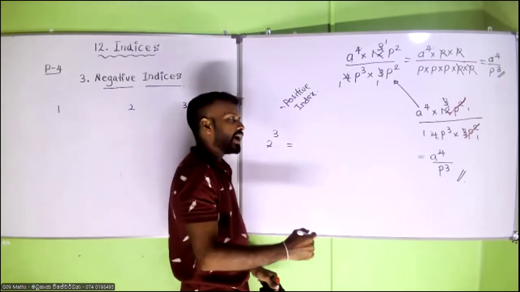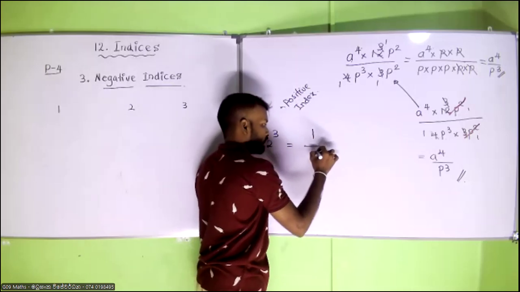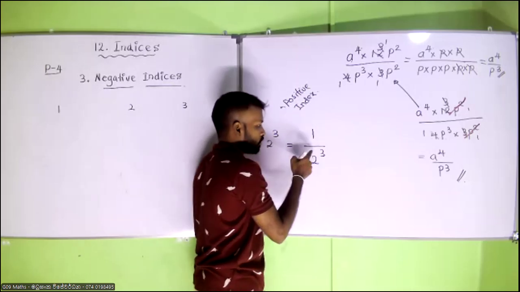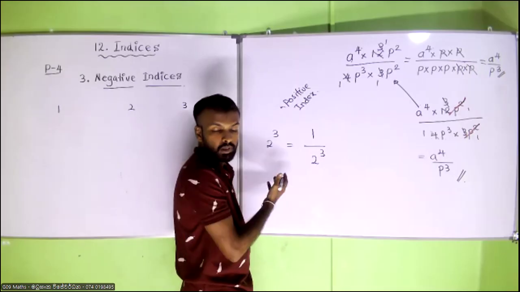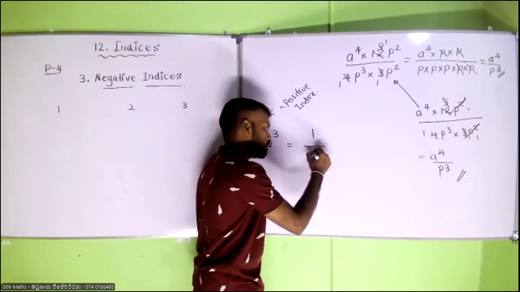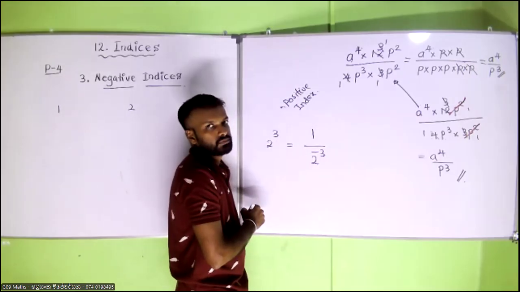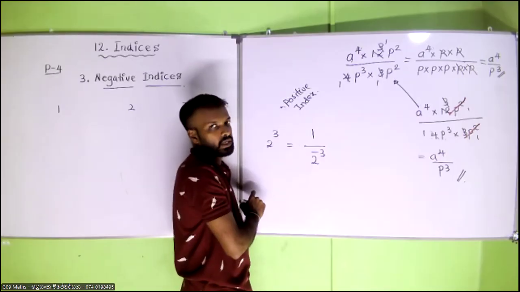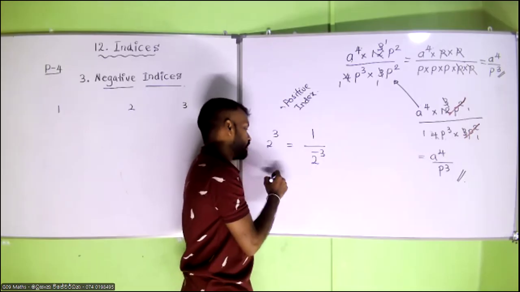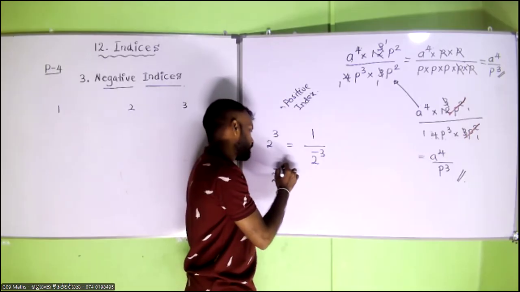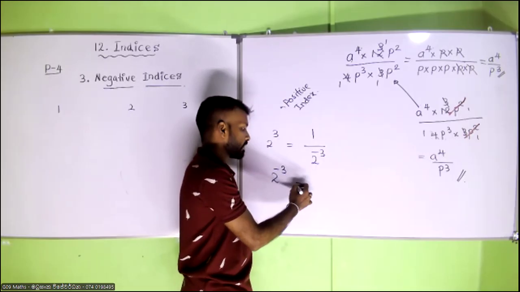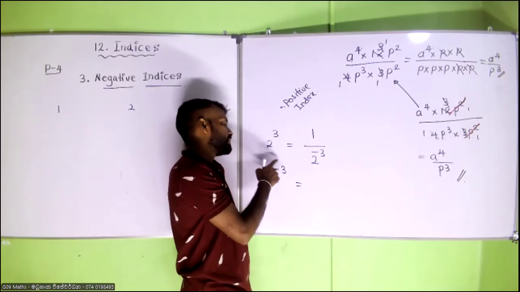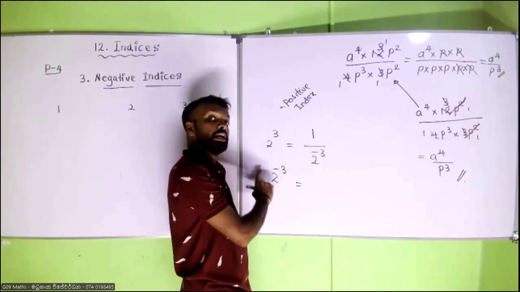Now this is positive. I am taking the reciprocal, where it becomes negative. If you take the reciprocal of this power, it becomes automatically negative. If you have something like this, how you are going to convert this negative power into positive power?